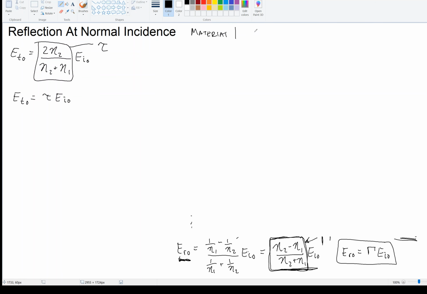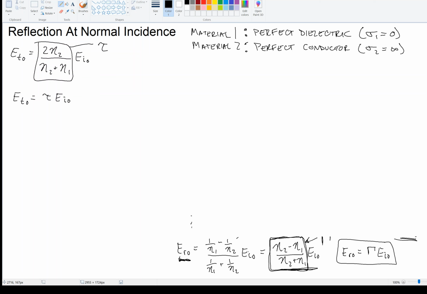If material 1 is a perfect dielectric, which, if you recall, has a conductivity of 0, and material 2 is a perfect conductor, which, if you recall, has a conductivity of infinity, what would our transmission and reflection coefficients look like in that case?